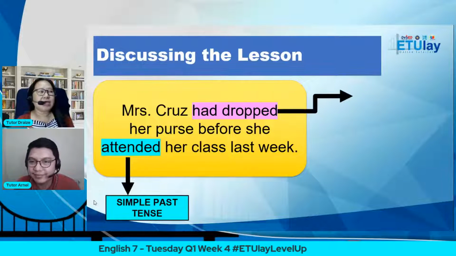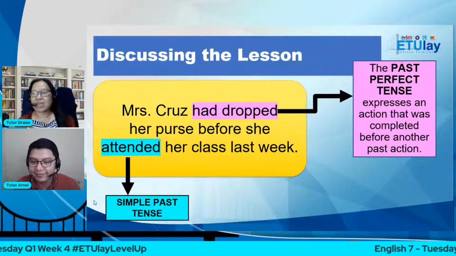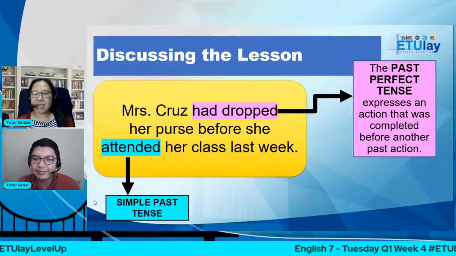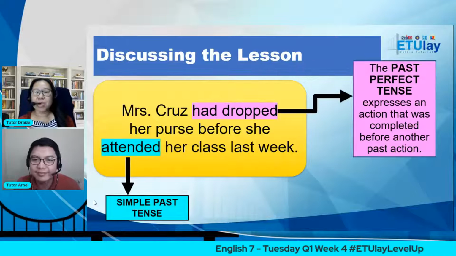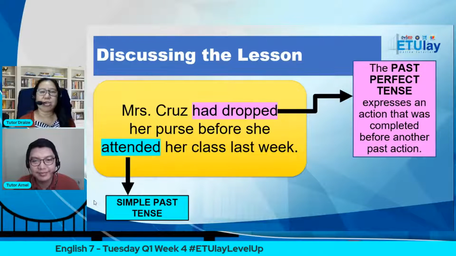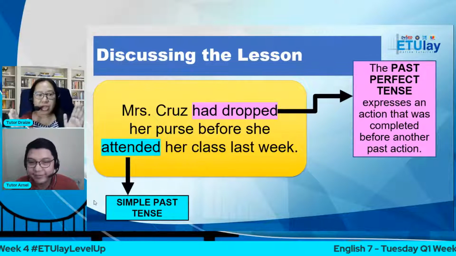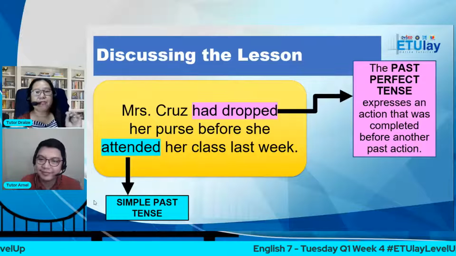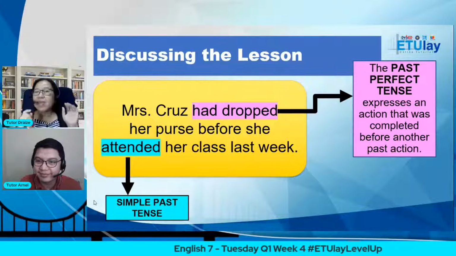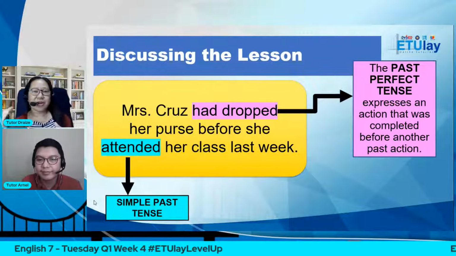And then had dropped is what we call the past perfect tense, and it expresses an action that was completed before another past action. So don't forget that when we speak of a simple past, it's just one action. But when it's the past perfect tense, we're dealing here with an action that was completed before another past action.